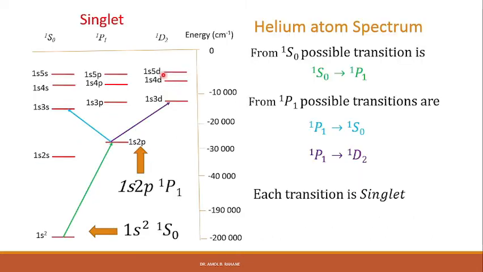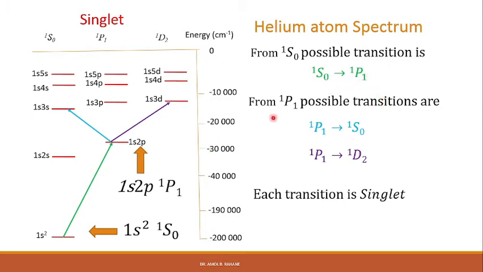So in the case of the helium atom spectrum, we have seen the singlet to singlet transitions, and also the triplet to triplet transitions, right? In the case of singlet to singlet transitions, we have the possible transitions from the ground state, that is from the 1S0 state. The possible transitions are to any 1P1 states, and that transition is indicated by 1S0 to 1P1 transition.